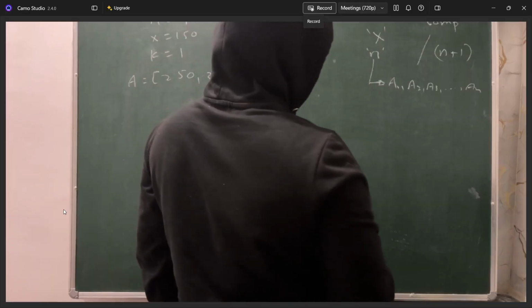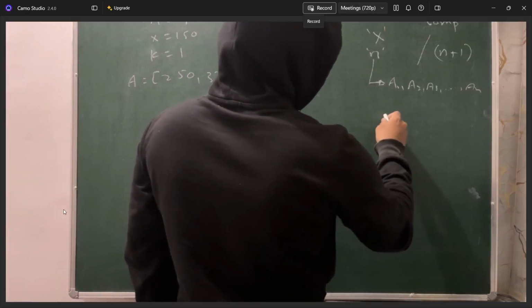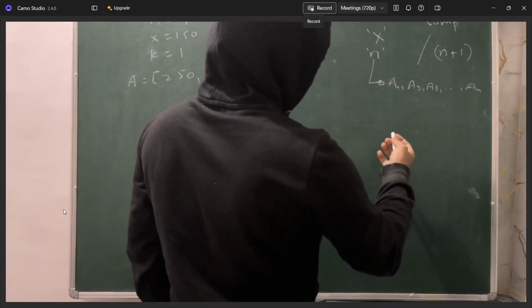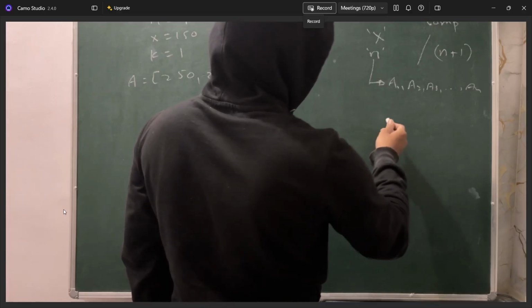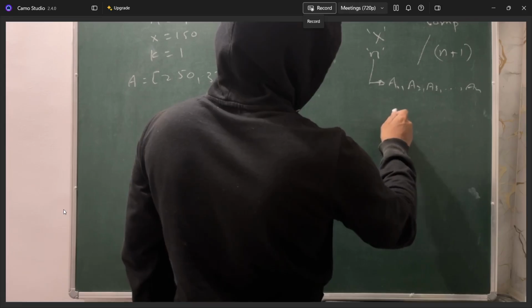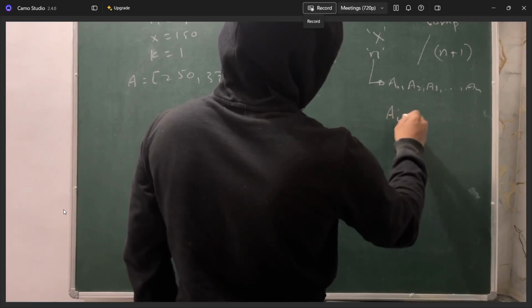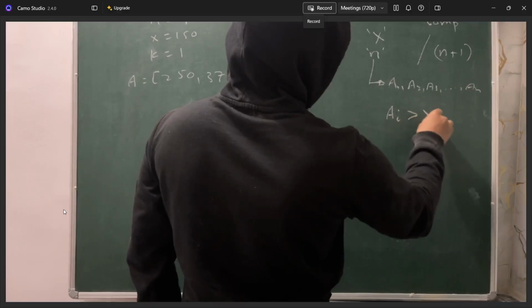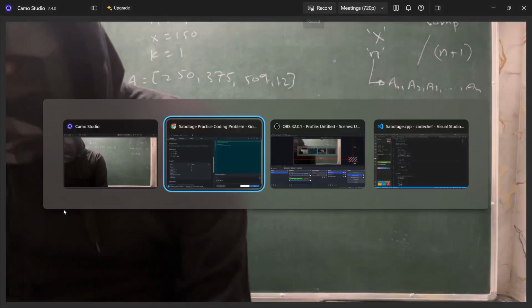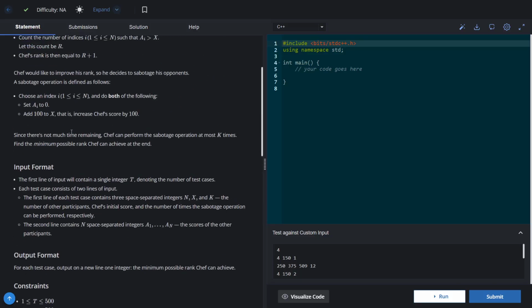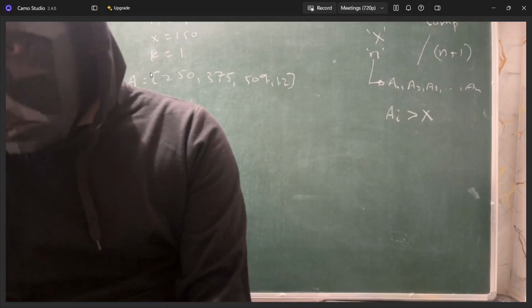Now Chef's rank is defined as follows: you check the scores A of I, and if a score is strictly greater than X, let me check, yes, it is strictly.